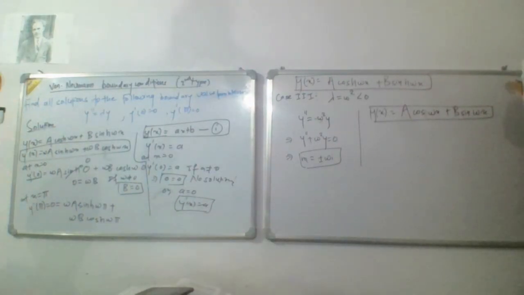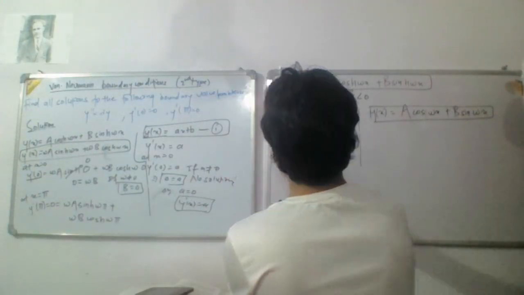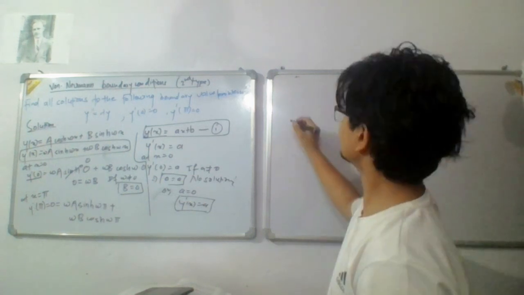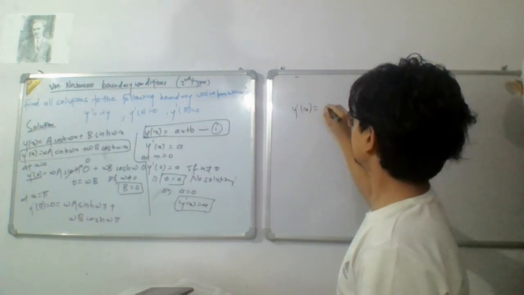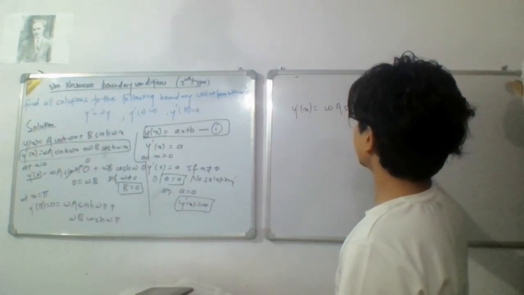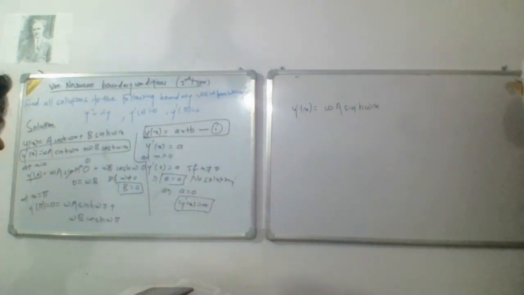If omega is not equal to 0, then b must be equal to 0. And if b equals 0, then we get y dash of x equals omega a sinh omega x. Okay, so we get that solution.